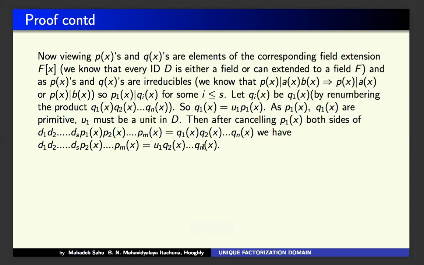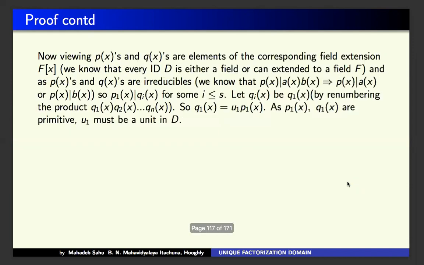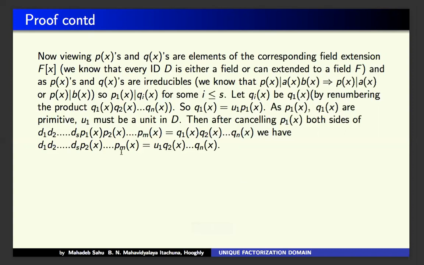We get d1 d2 ... ds p1x ... pmx on the left and q1x ... qnx on the right. Putting the value of q1x as u1 p1x and cancelling p1x, we get d1 d2 ... ds p2x ... pmx on the left and u1 q2x ... qnx on the right.